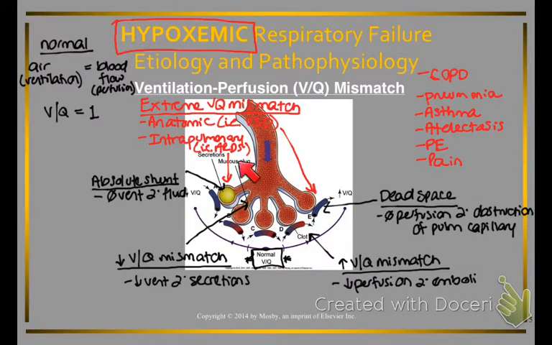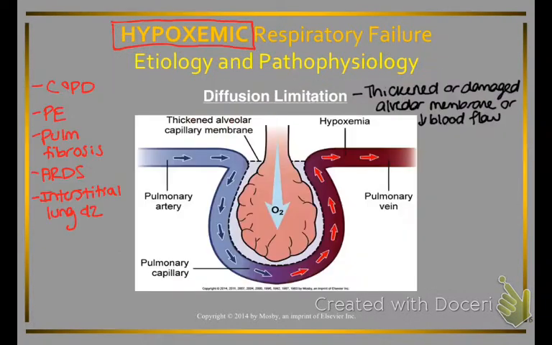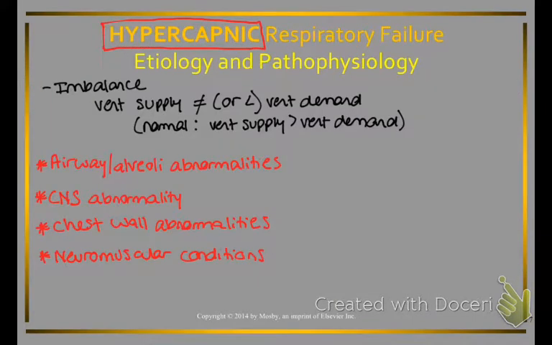Either we have some kind of blockage where oxygen can't get through to the blood, or we have some kind of blockage in the capillaries where ventilation's happening but blood's not going through. That's a hypoxemic issue. In contrast, you have some kind of hypercapnia where basically you're not blowing off CO2.